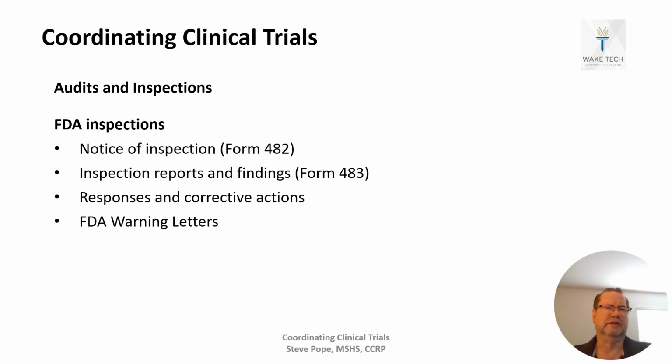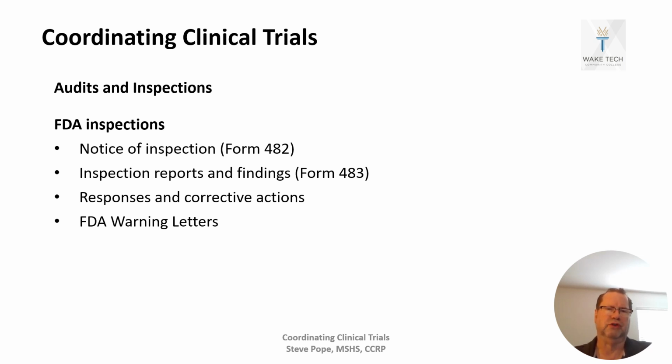So for FDA inspections, you have what's known as a notice of inspection, which is a Form 482. I put a copy of it out there on Blackboard for you to take a look at. It's a pretty simple form. They just tell you they want to show up, and these are the things they want to look at. They're required to provide that for you prior to the inspection.